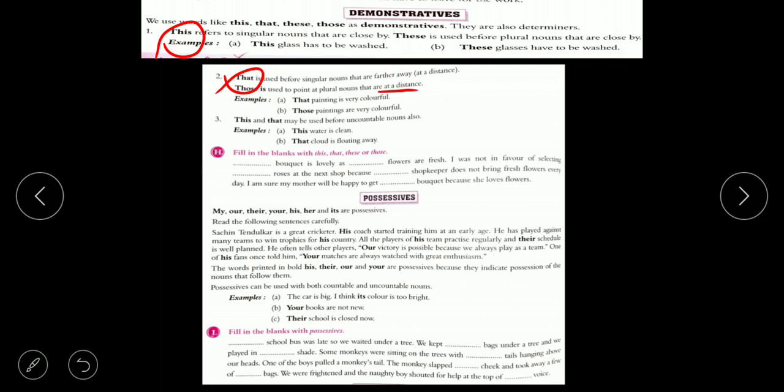So these is for plural nouns, this for singular nouns close by. And that is used before singular nouns that are farther away, and those is used to point out plural nouns that are at a distance.